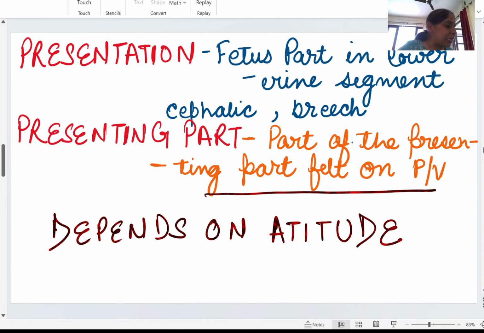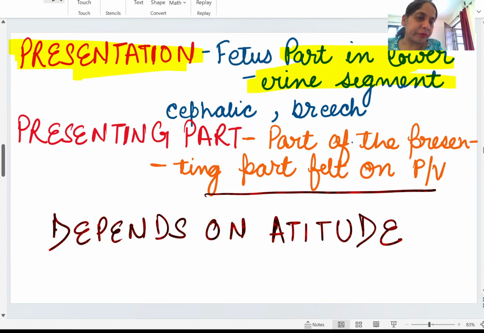Now, what is presentation? What is the definition of presentation? The part which is in the lower part of the uterus is presentation. The presentation is the part in the lower uterine segment.